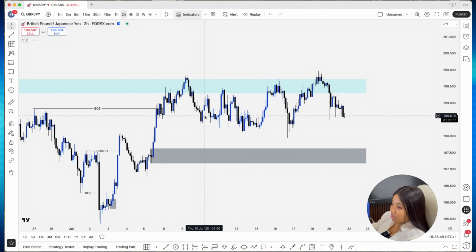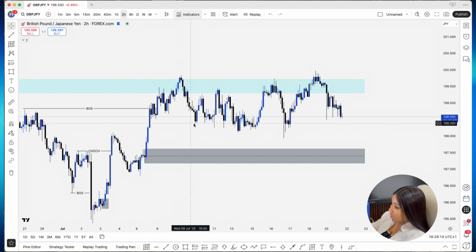This is now where you start mapping out the internal structures, because the daily time frame, like I stated earlier, is well summarized. 4-hour time frame, well summarized. But then when you start going lower to 2-hour time frame, 1-hour time frame, 30 minutes, 15 minutes, that is now when you start paying attention to the internal structures market is creating.